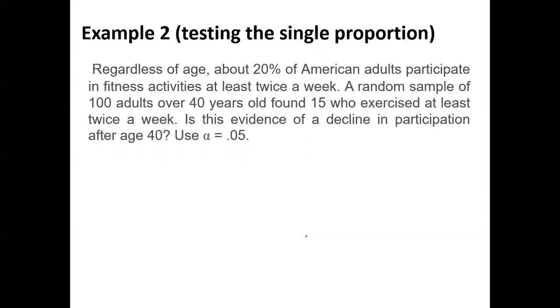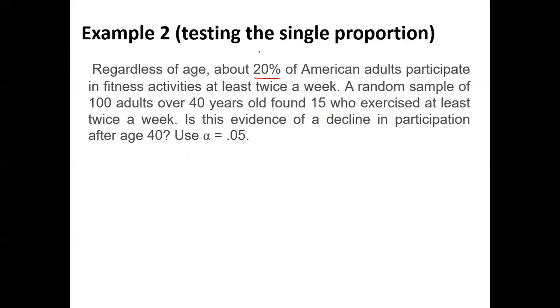First of all, we need to recognize the key points in this question. In our first sentence, it states that regardless of age, about 20% of American adults participate in fitness activities at least twice a week. So the value given here is 20%.